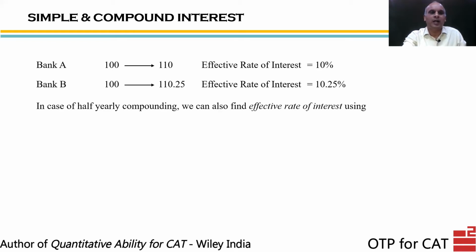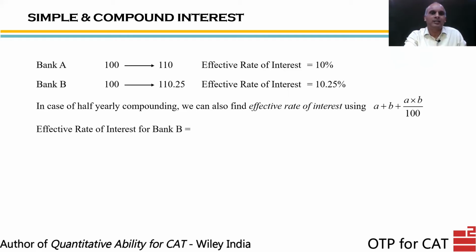Now, in case of half-yearly compounding situations, we can also find the effective rate of interest using the formula of successive increments, which we have discussed in the video on percentage. So in case you have not seen that video, please go through that video to understand the details of this formula and then revisit this video again.